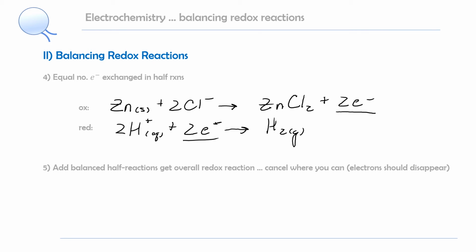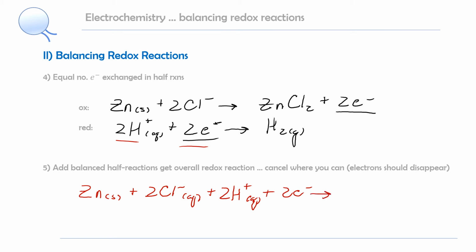Once you are mass balanced and charge balanced, now we can re-add the 2 half reactions to get the overall redox reaction. So adding the 2 together: zinc solid plus 2 chloride ions, also on the left I have 2 hydrogen ions and 2 electrons.